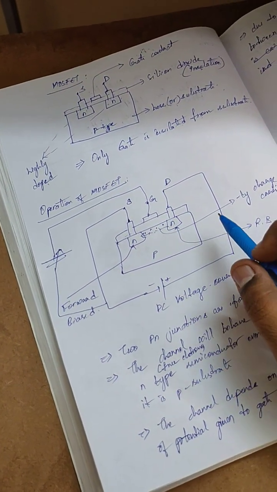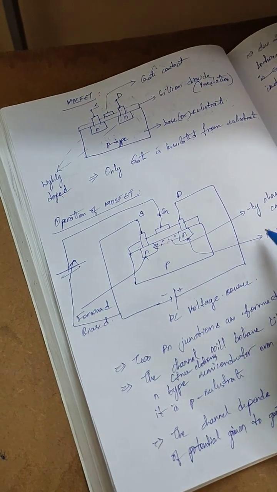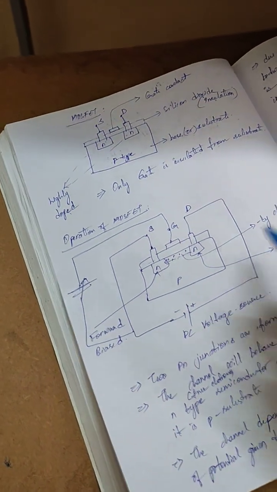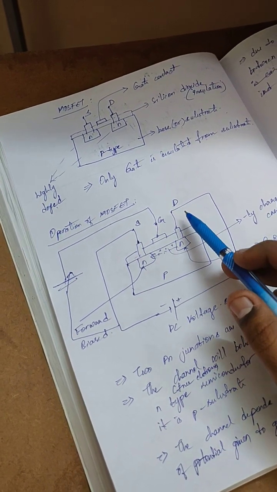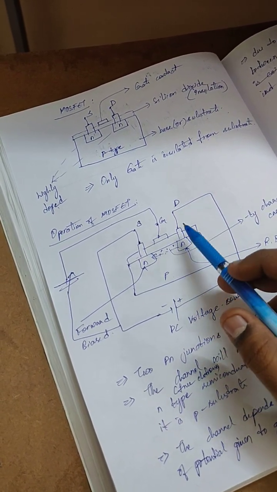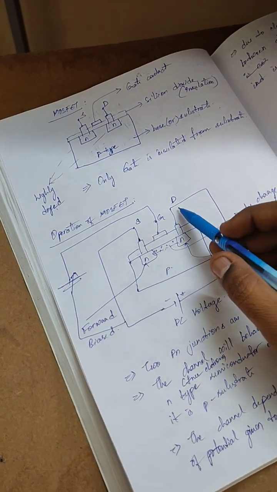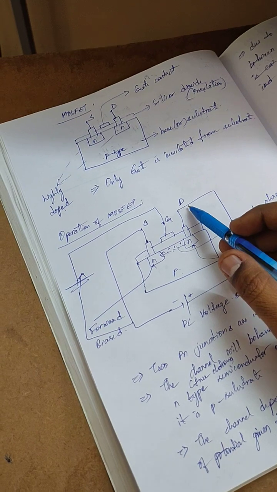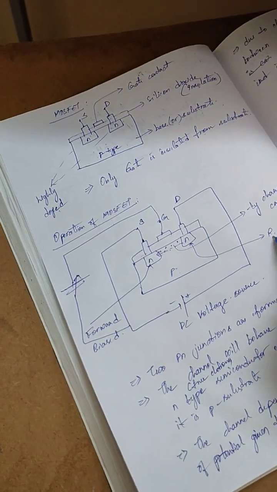In a MOSFET, two PN junctions are formed, one here and one here. Here the PN junction is formed between the p substrate and the drain, and this is reverse biased.